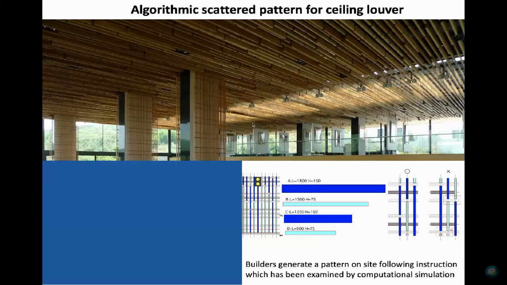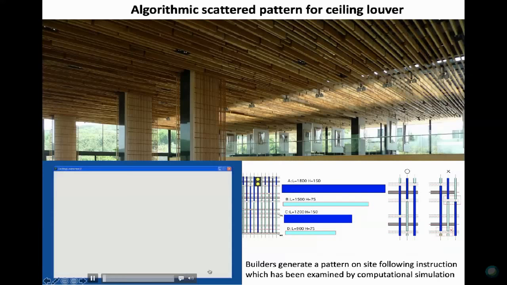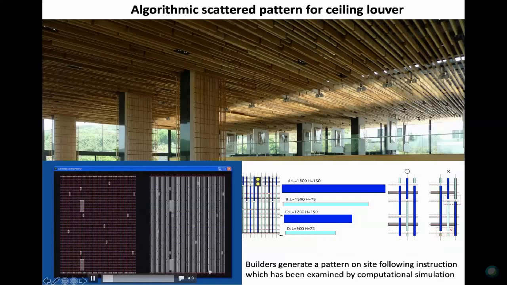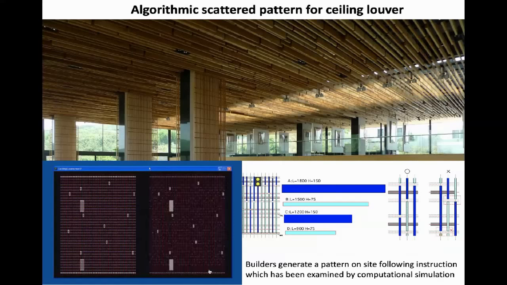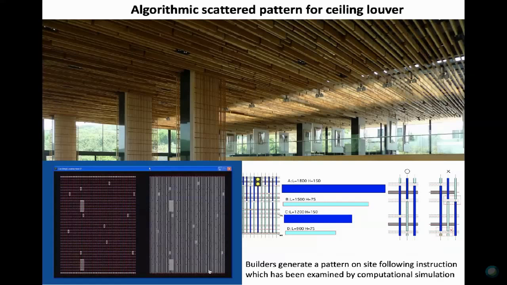So we applied this idea to the other part of the project, this seeding pattern of the rulers. Without an allowance for error, sufficient accuracy in architectural finish would not be achieved. Actually, we tested the instructions to make this pattern by computer simulation before.